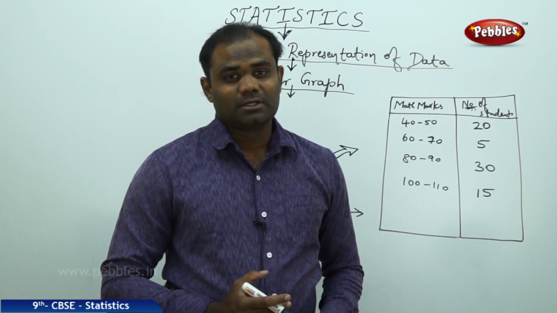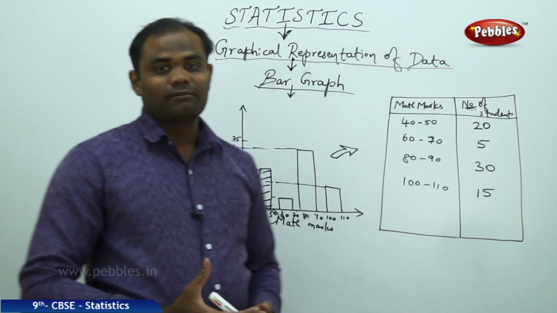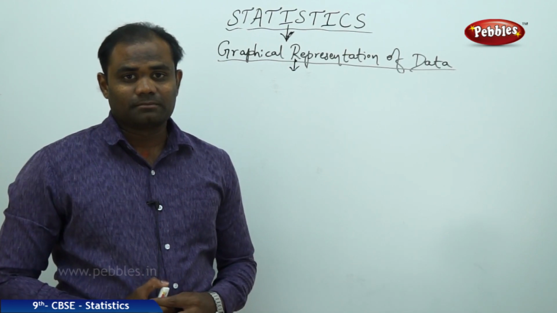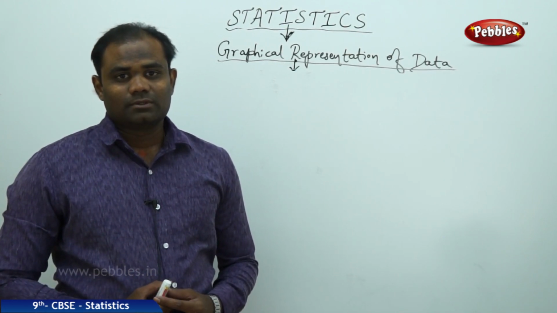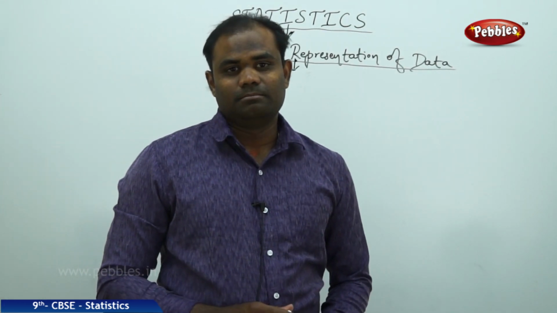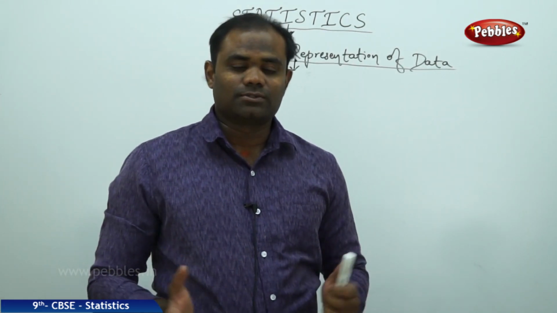Bar graph helps me in analyzing the data in graphical representation. Now that we have discussed the first graphical representation, let's get into histograms, which is the second graphical representation. Bar graphs followed with histograms.